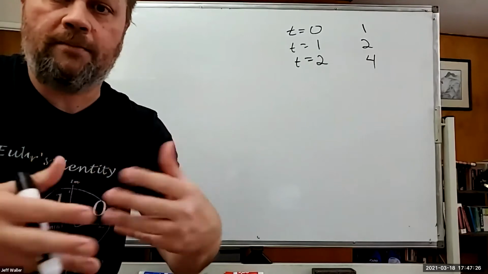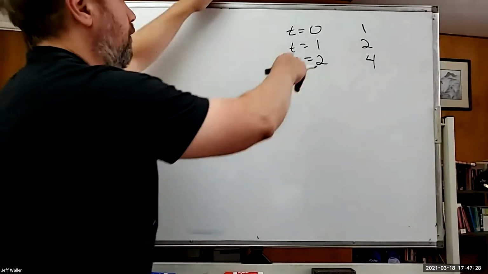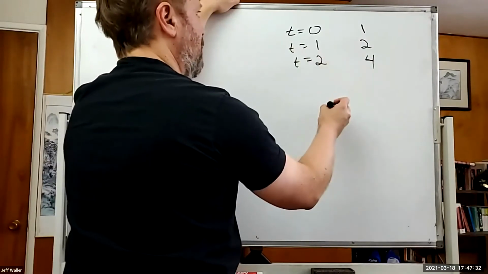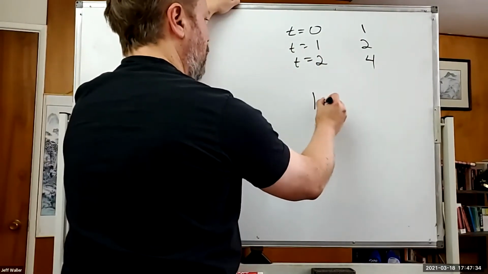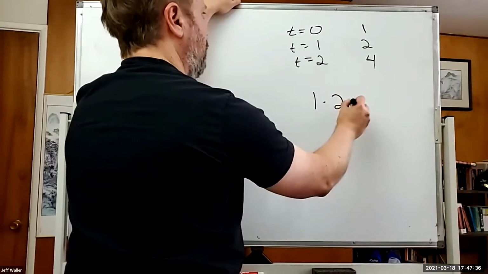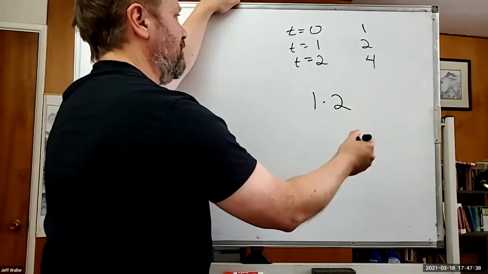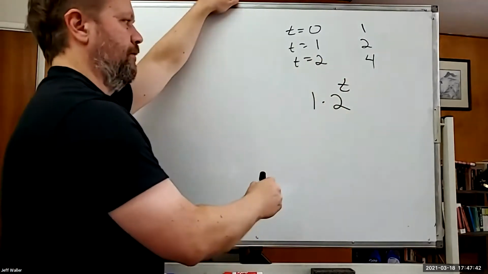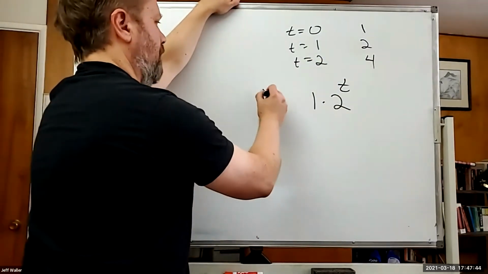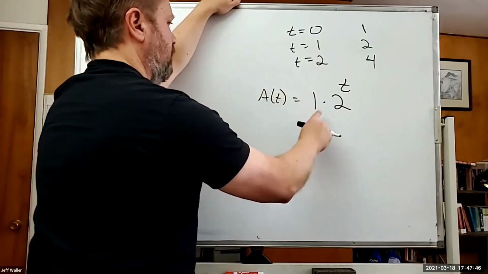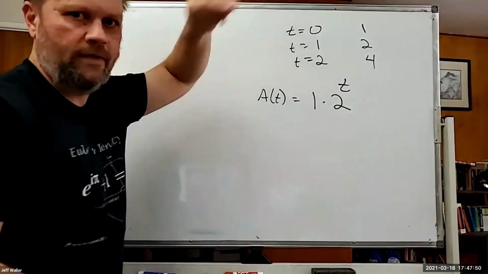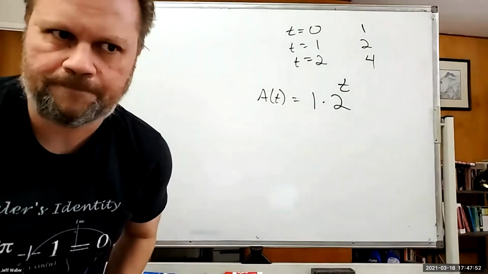It's multiplying by 2 over and over and over again. At the beginning, you haven't multiplied by anything yet, and then you multiply that by 2. So you start at 1 and you multiply it by 2 t times. So the amount at some time is the 1 penny I started with times 2 to the however many days later, right?